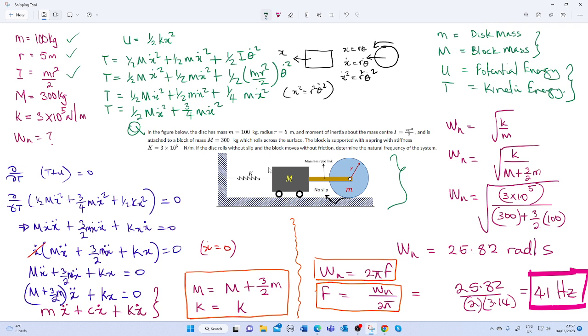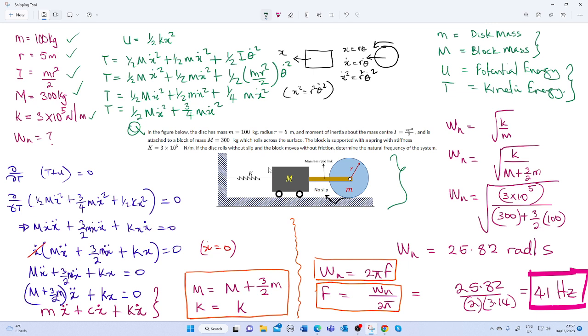And we have the mass of the block attached to the disk, which is 300 kg. Don't let us forget the spring attached to the block, which is also given, 3 times 10 to the power 5 Newton per meter. Now we are supposed to calculate the frequency of the system, which is Wn.